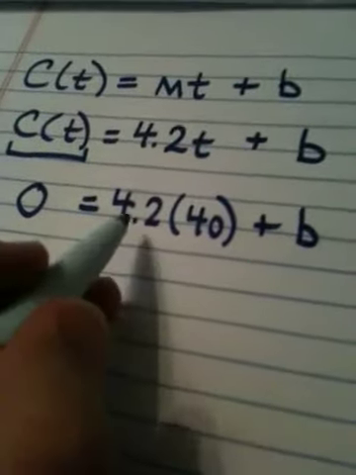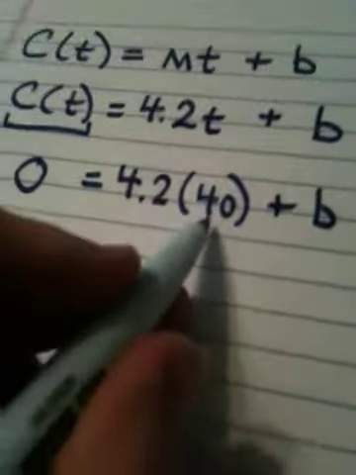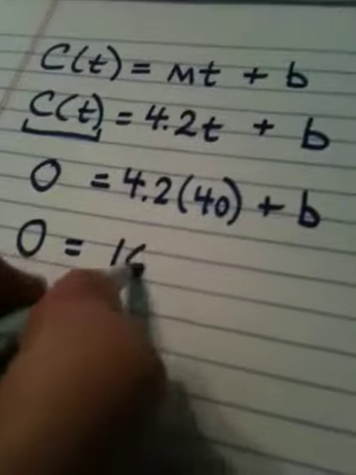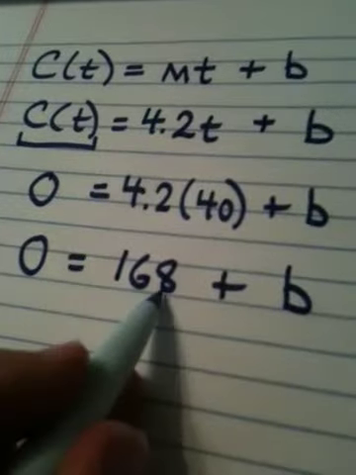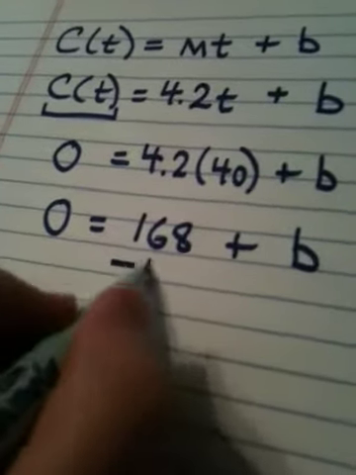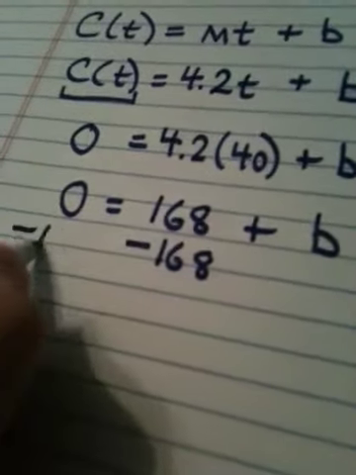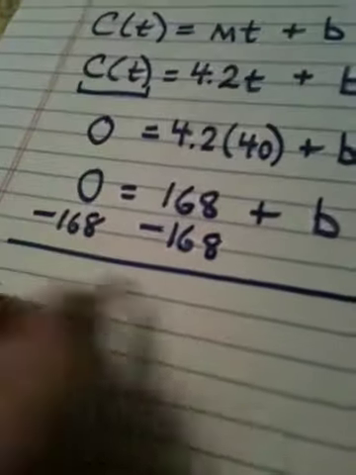So, 4.2 times 40 is 168. So I have 0 equals 168 plus b. I subtract 168 from both sides. b is equal to negative 168.